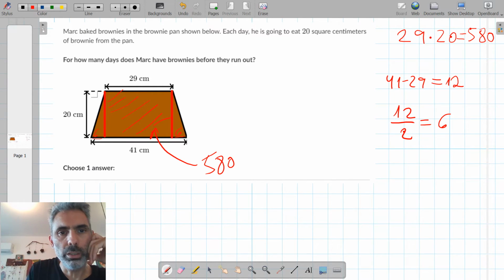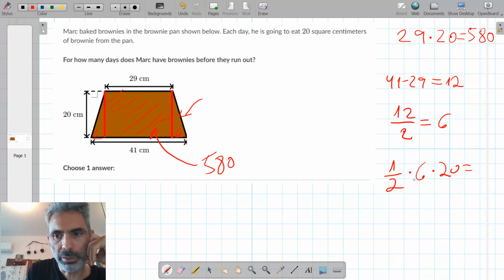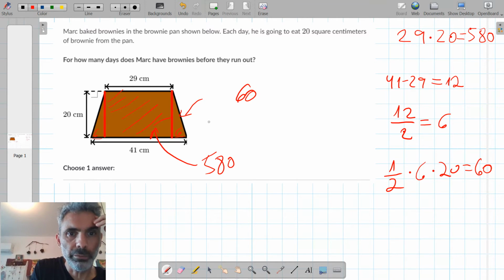So each triangle has an area of 1/2 times 6, which is the base of the triangle, times 20, which is the height of the triangle. So 1/2 times 6 is 3. 3 times 20 is 60. And so we have 60 for the area of the triangle. And we have two of these triangles, so we have another 60.